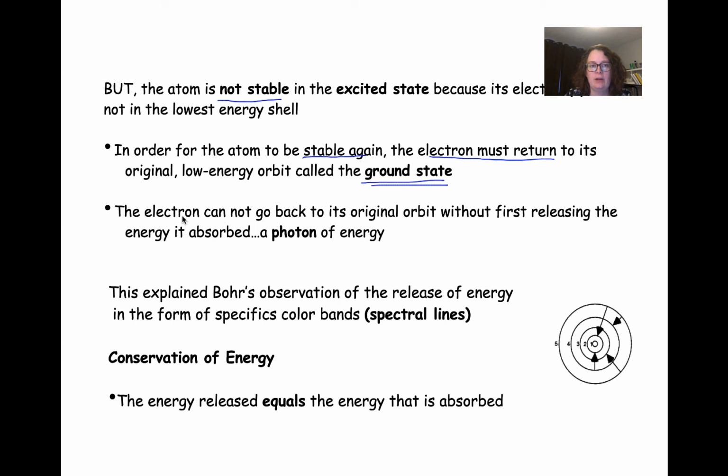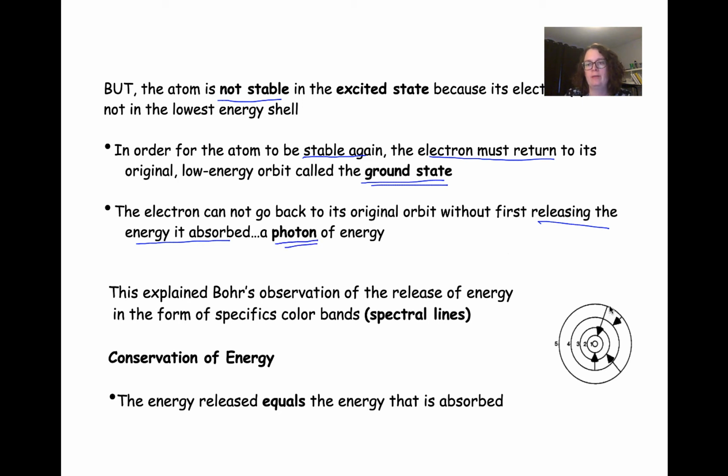And when they move back to their ground state, they release the energy that they absorbed before. Energy can come in lots of different forms, and one of those forms is light. So we can release something called a photon of energy.